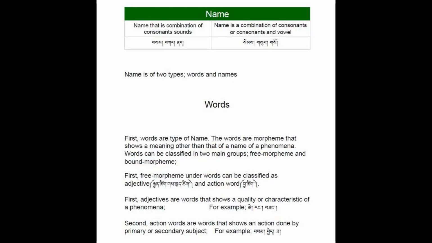And not only the people who are learning Tibetan, foreigners, but also the native people, including me, the more of the pain starts from here. But once you understand the concept, it's actually very simple. So I encourage you from this point onward to make your own notes on whatever I'm saying here and to raise as many questions as possible.